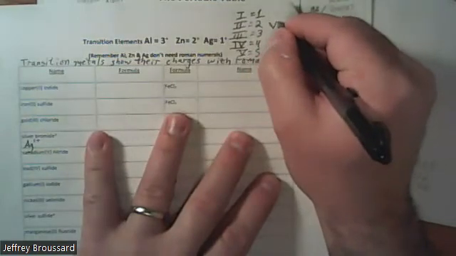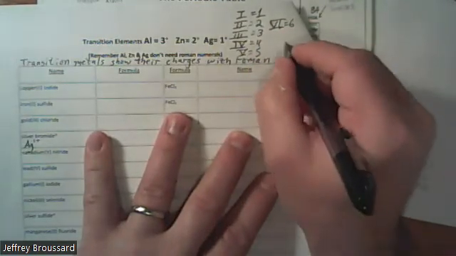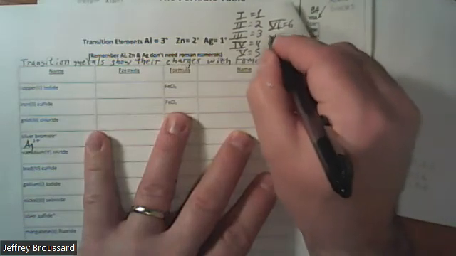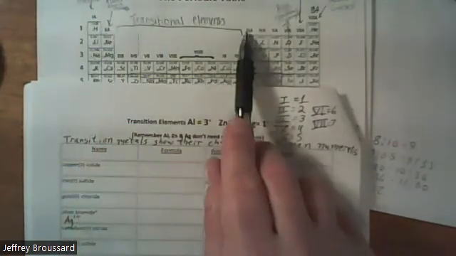And notice, we do have a 6 and 7, so let's go ahead and write 6 and finally 7. You'll notice that these also correspond to those representative group names on the periodic table: 1A, 2A, 3A, 4A, 5A, 6A, 7A, 8A.